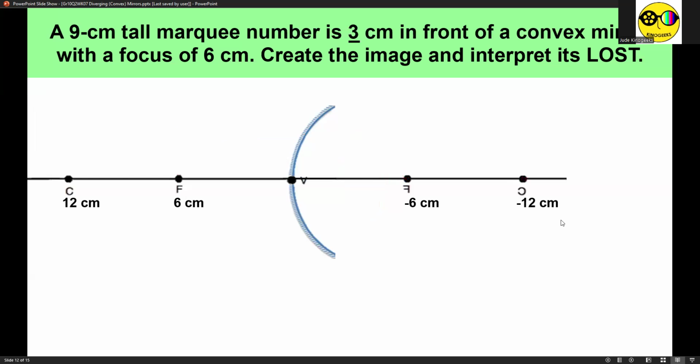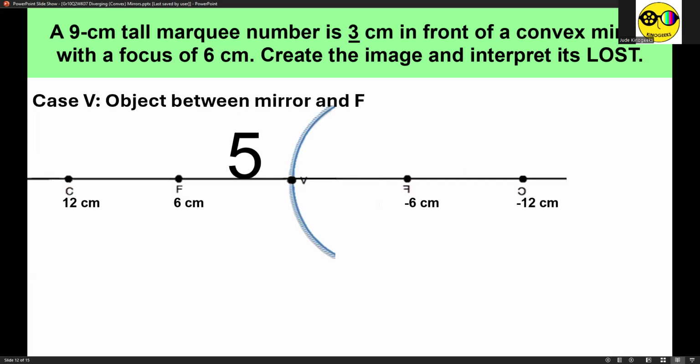And now, lastly, for our final case, we have the object 3 centimeters in front of a convex mirror. In this case, our object is found between the mirror and the focus. Remember, V, or the vertex, is always 0 because that's where the mirror is located. That's our point of reference.